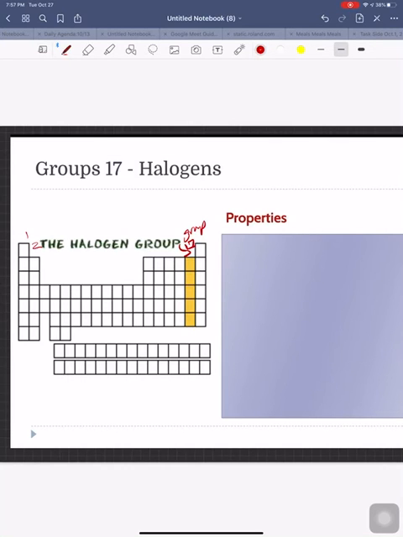But they're important because just like these were very predictable in their behavior on the metal side, these kind of flip the script and make it the opposite. These are the most reactive nonmetals.